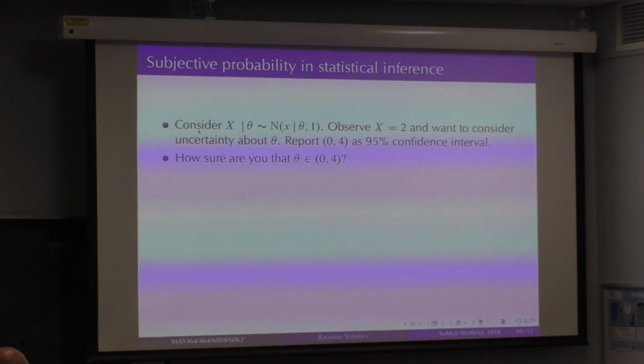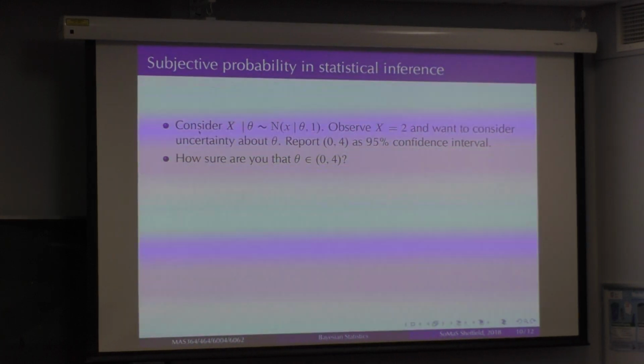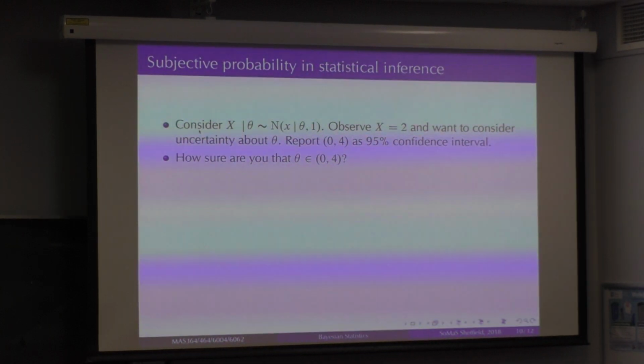So you get x equals 2, and you report a confidence interval, right? So x plus minus 2 times the standard deviation, 0 to 4, roughly. So how sure are you that theta is in 0, 4, right? Can you say anything about that if you're a frequentist?